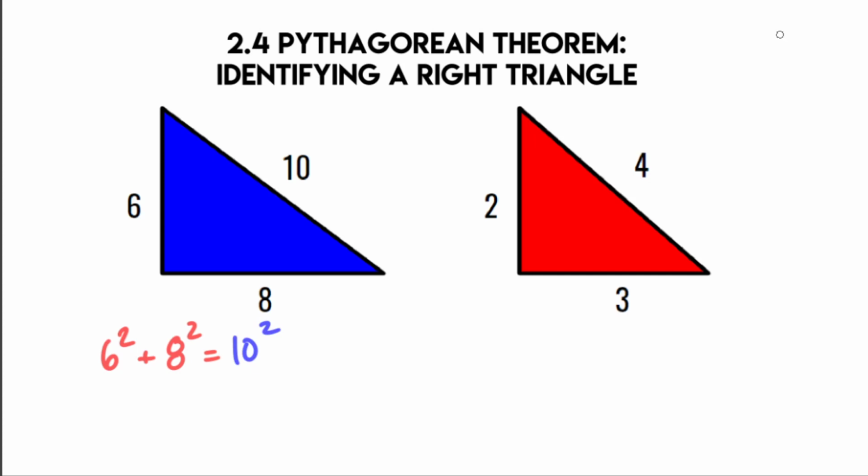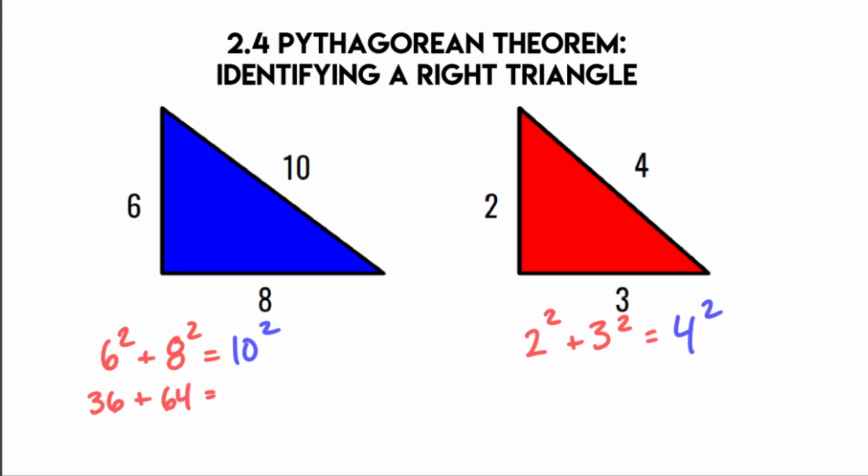Okay? I'm going to do the same thing over on this side. Again, the small sides are 2 squared plus 3 squared is equal to 4 squared, since my hypotenuse on this side is 4. Now we go through and simplify them, okay? 6 squared is going to be 36. 8 squared is going to be 64.